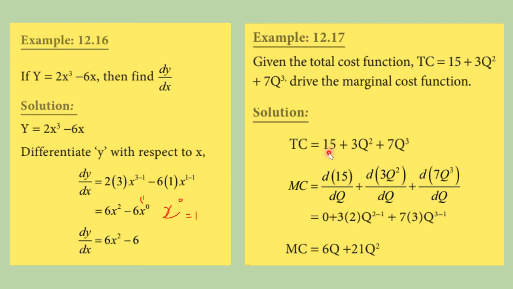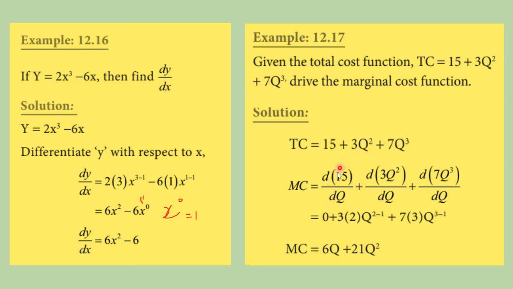So how can we write this? Differentiate 15 with respect to q. What is the variable given here? Q. So we have to differentiate this with respect to q. Since it is q, differentiate with respect to q. If it were x, differentiate with respect to x. If it were p, differentiate with respect to p.